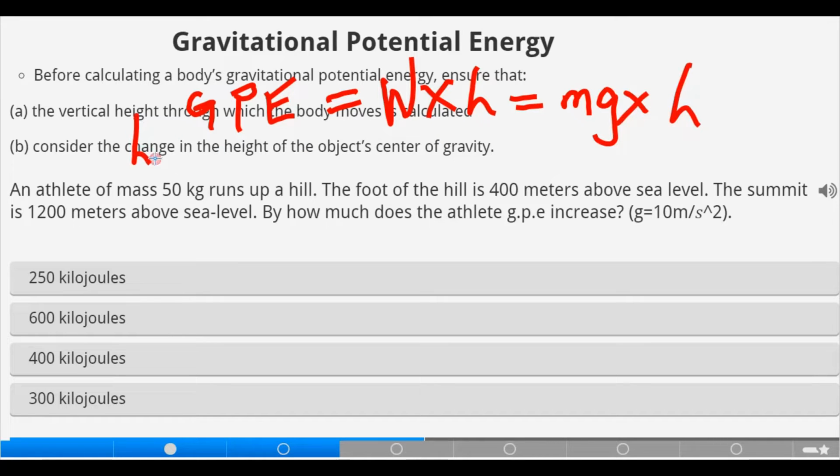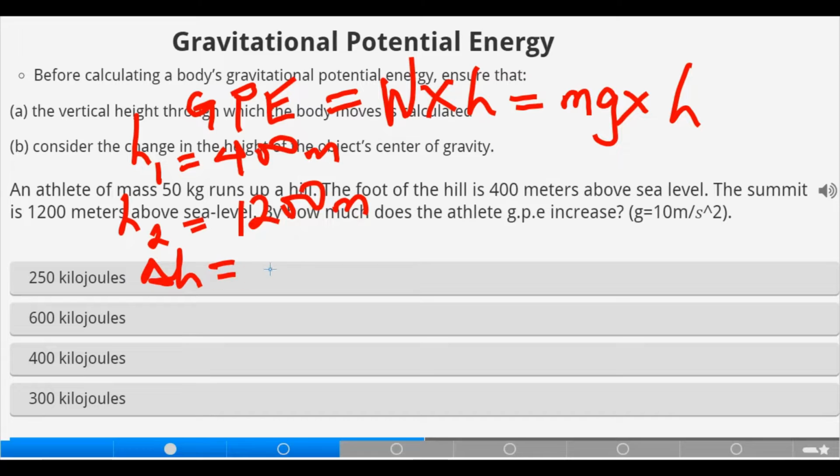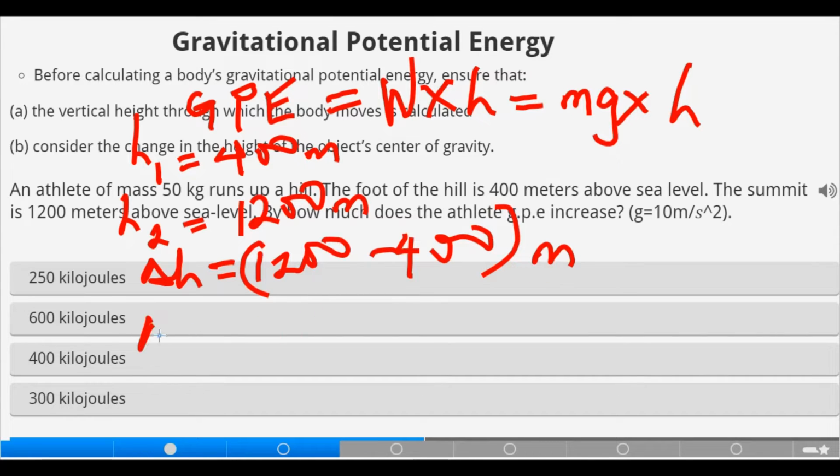Let's say the first height, h1, is 400 meters. The second height, h2, is 1,200 meters. With that, we now have a change in height, or the difference in height. That would be 1,200 minus 400, still in meters. So change in height is equivalent to 800 meters.